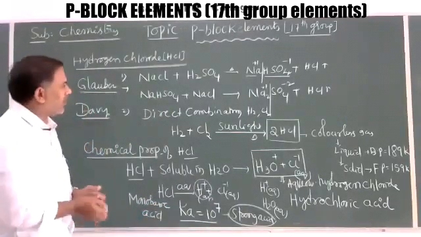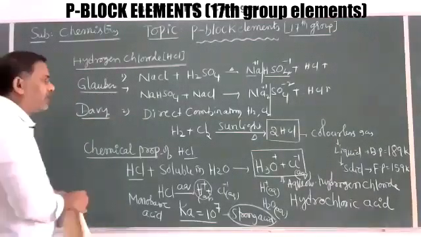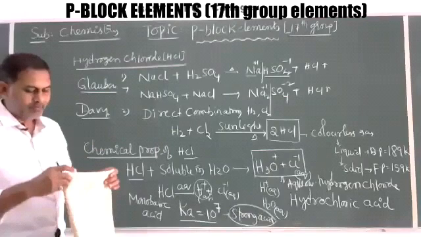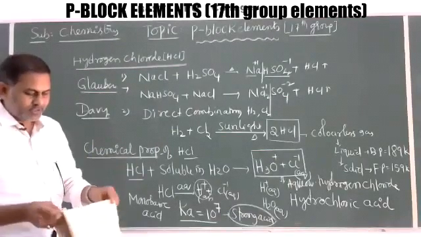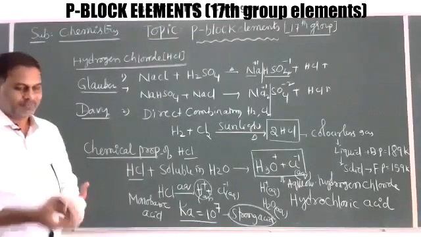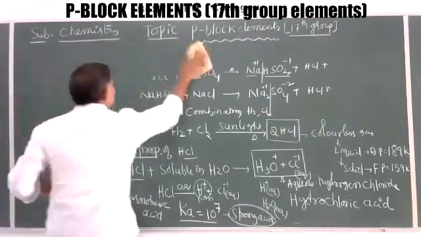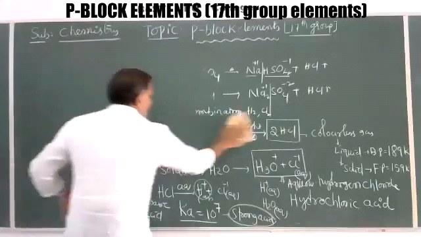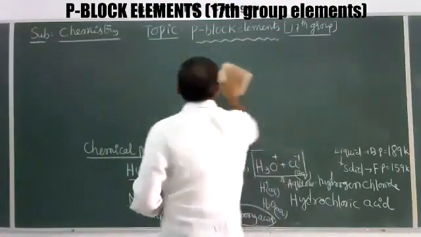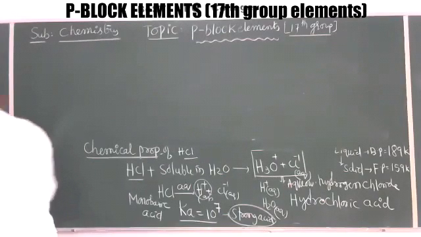Now the next property of hydrochloric acid is that it reacts with ammonia. This is a very important reaction. This reaction was already asked in the IIT examination, that is JEE, as a simple question. When hydrochloric acid reacts with ammonia gas, it forms the corresponding salt of ammonia, ammonium chloride.